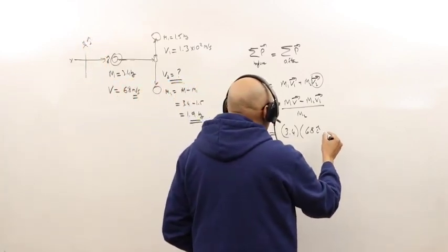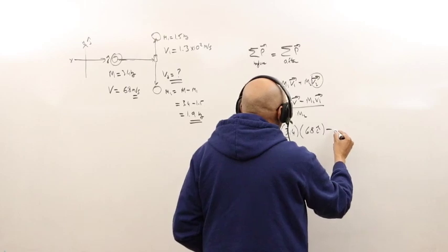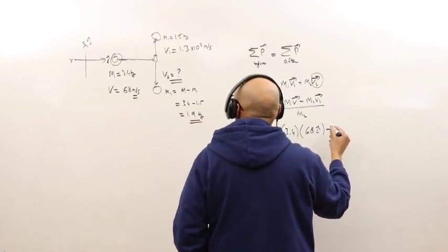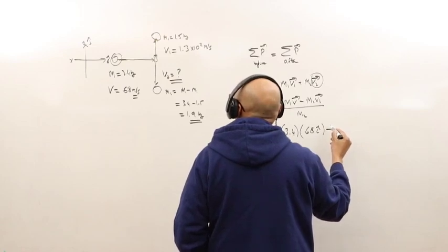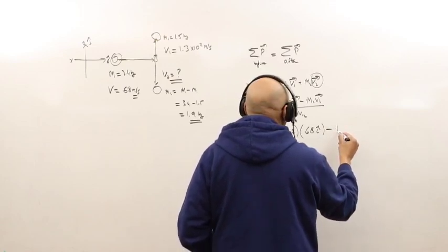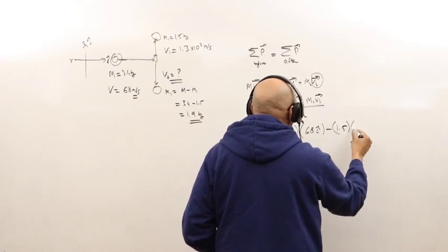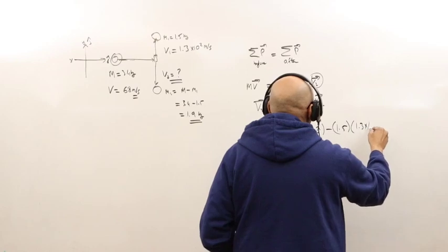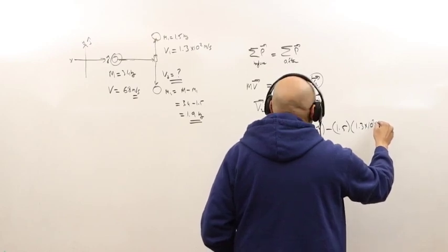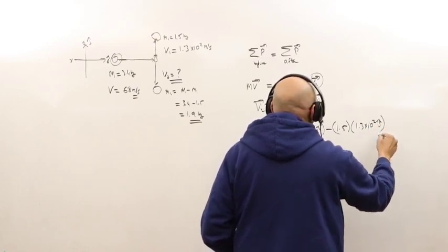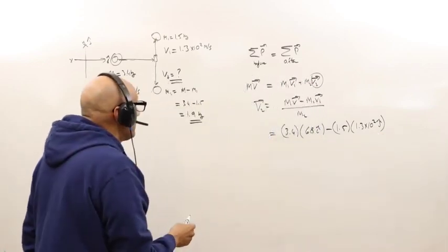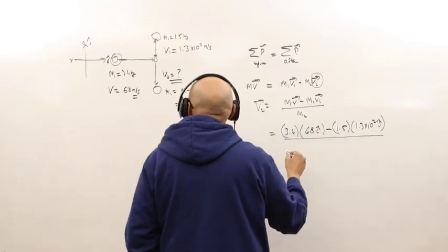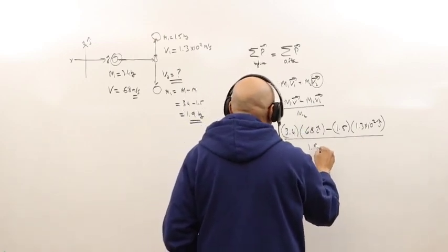So 68 i hat minus m1, which happens to have a mass of 1.5, and it's going up, so it has a velocity of 1.3 times 10 to the squared j hat. It's going up, all divided by m2, which happens to be 1.9 kilograms.